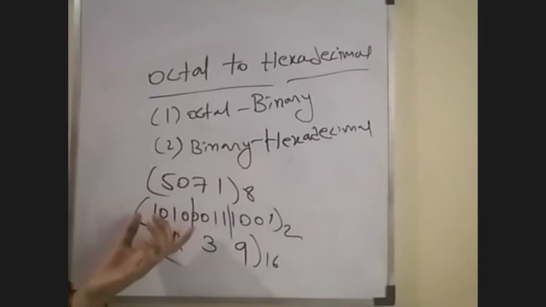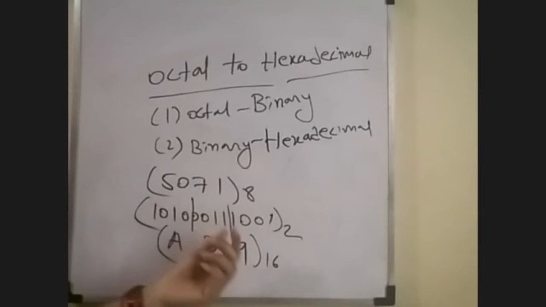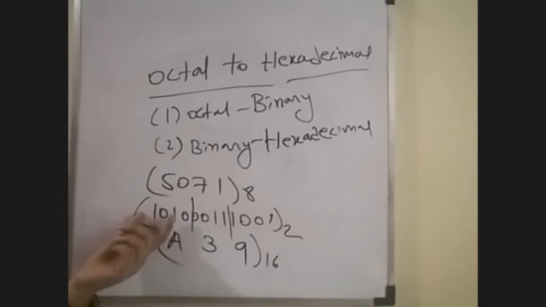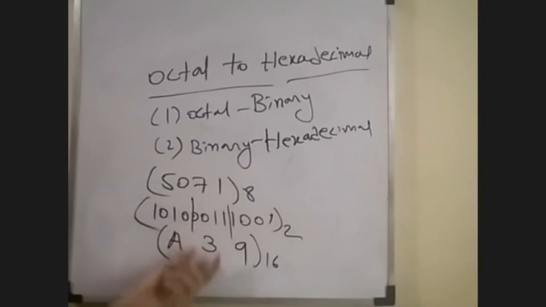Take this binary number and make groups of 4 bits, scanning from right to left. Write its hexadecimal equivalent: 1010 is A, 0011 is 3, 1001 is 9. Next number you can do.